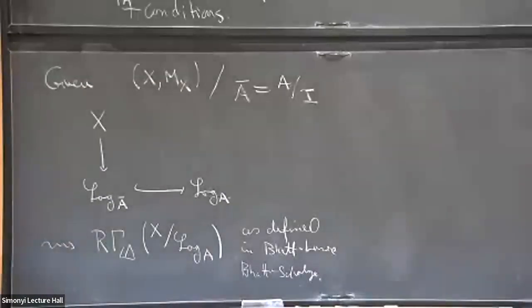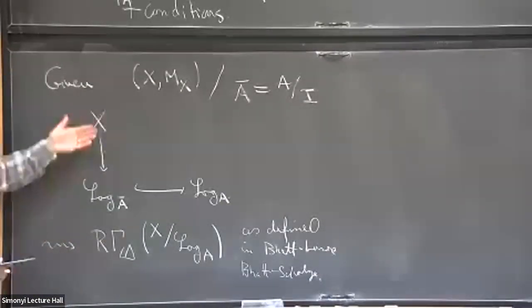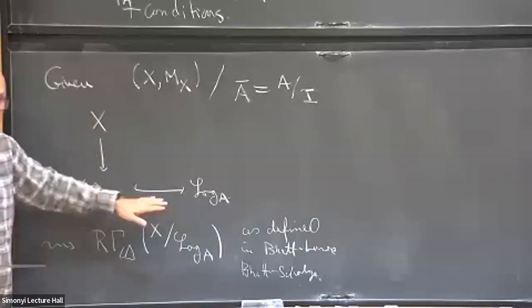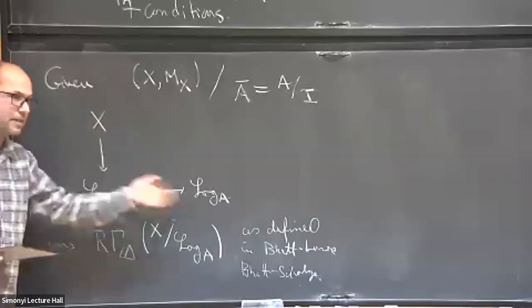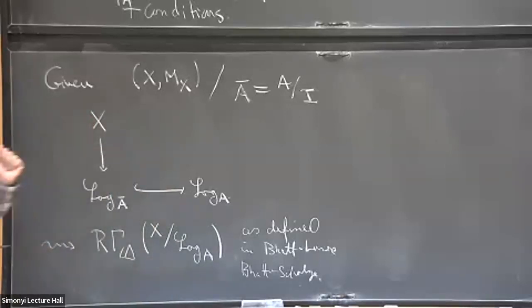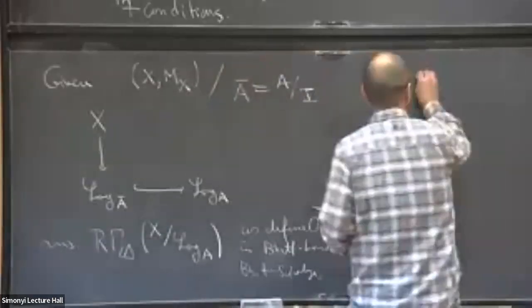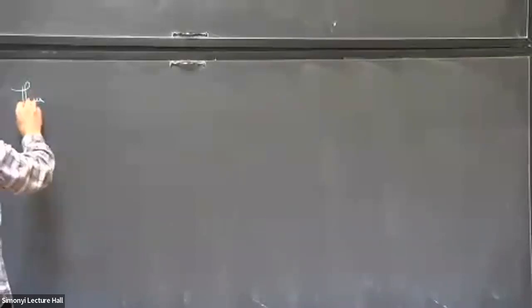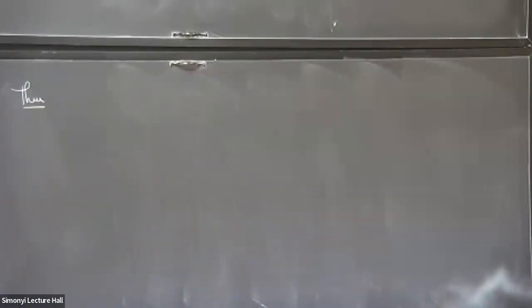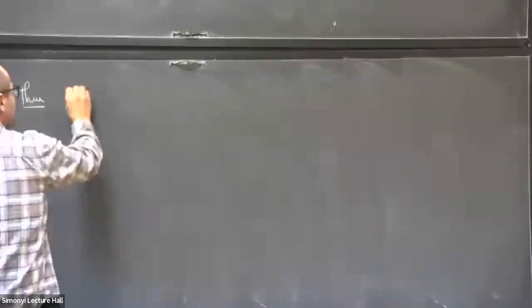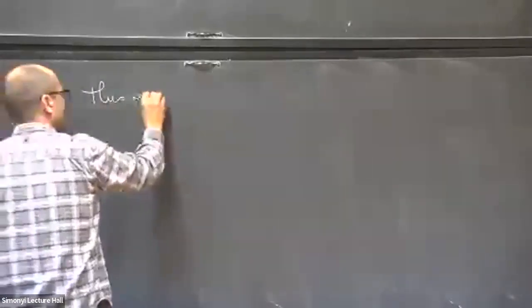Probably Bhatt-Lurie for this definition. But so you have a scheme X over the A bar, which when you view this as a prism, then you have the associated prismatic cohomology. Okay, I'll write out more about this, but maybe I'll state it as a poorly worded theorem. What I want to say is that this recovers, I'll have to tell you the meaning of that.